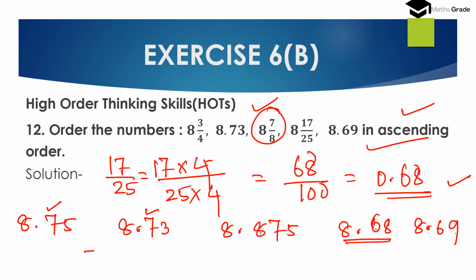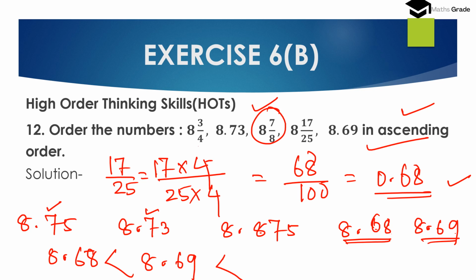Now compare 8.68 and 8.69. 8.68 is the smaller, and ascending means smallest to the largest. So 8.68 is the smallest decimal, then after 8.68, 8.69 comes.